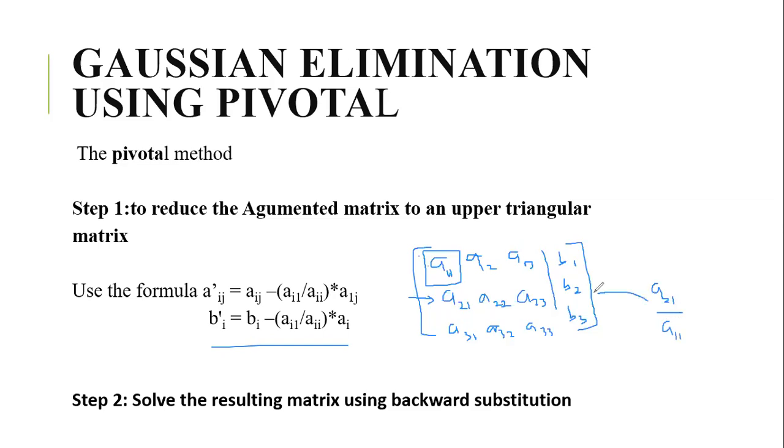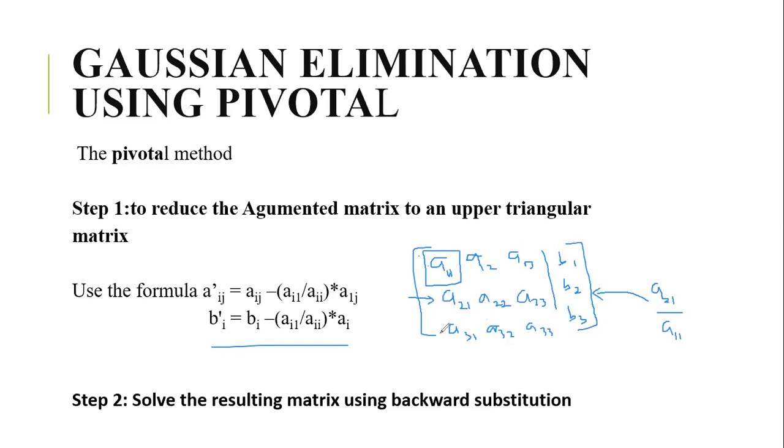Once you obtain the multiplier, you use it for all the elements across the columns of that very row. The multiplier is just like multiplying row 1 by 2 and subtracting from row 2. That is the function of it.